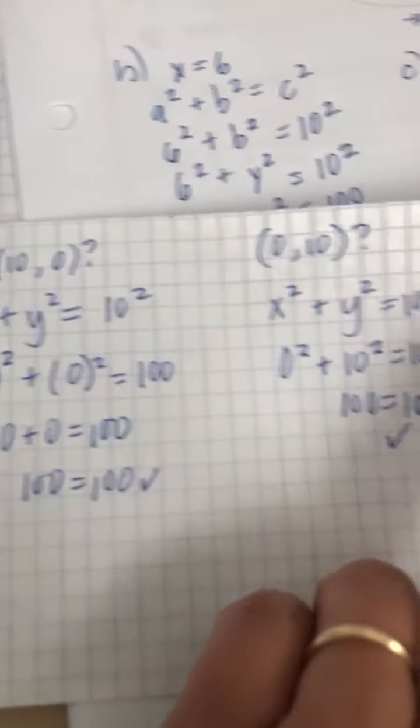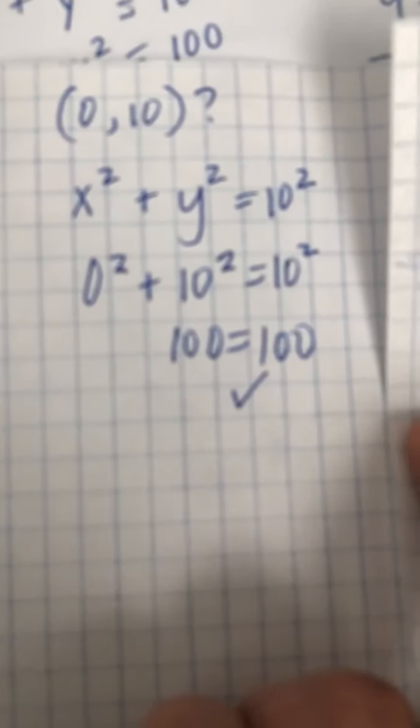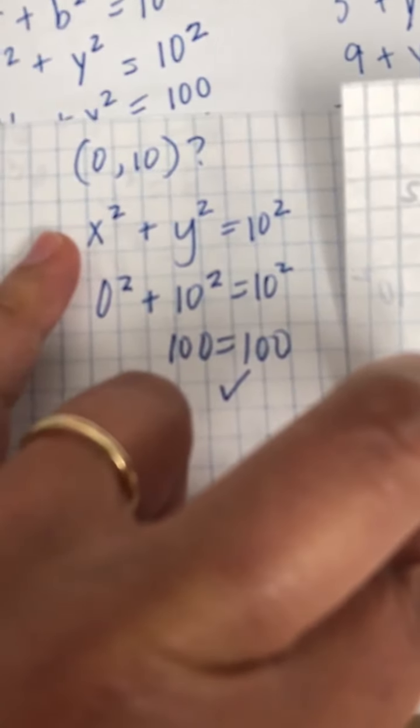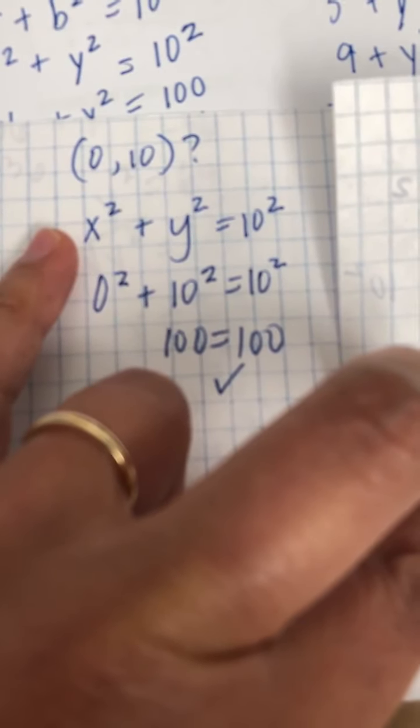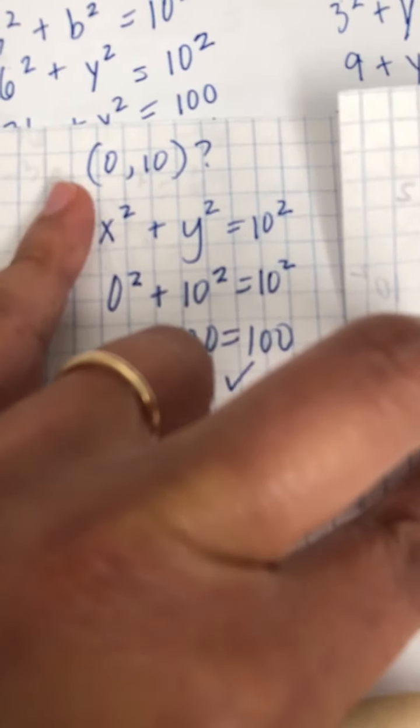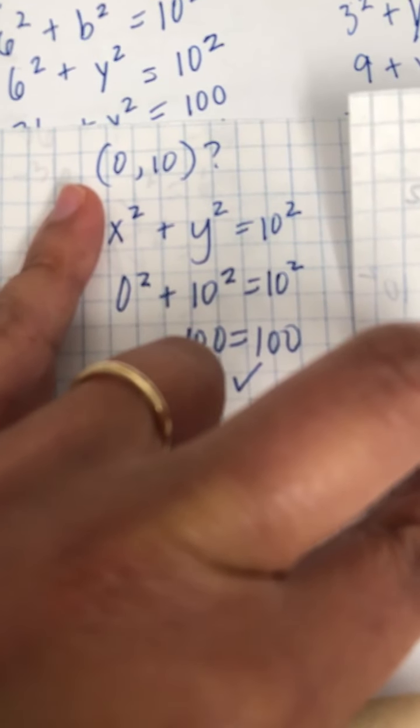The next one is (0, 10), and if you plug it into this equation, which is the equation of the circle, you'll get another true equation, which means that (0, 10) is also on the circle.